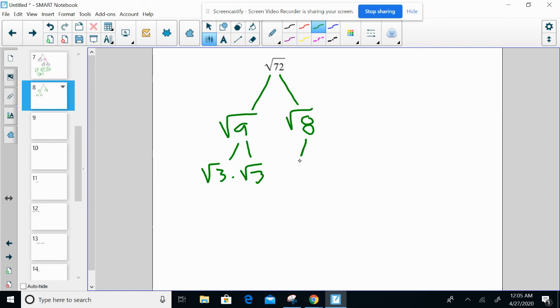That's as far as you can go there. The 8 can be broken down into 2 and 4. 4 can be broken down into 2 and 2. You're going to end up with a lot of 2s and 3s when you do these problems.